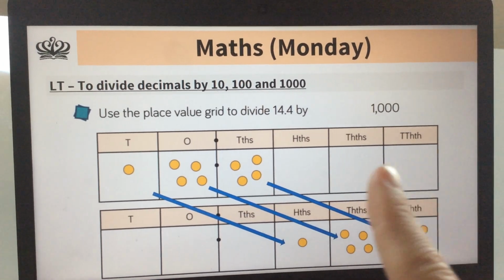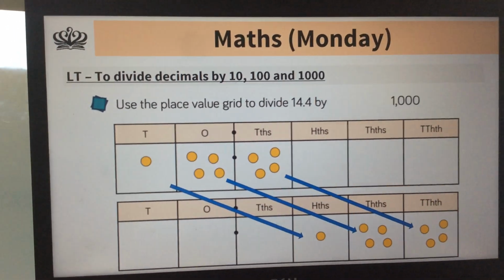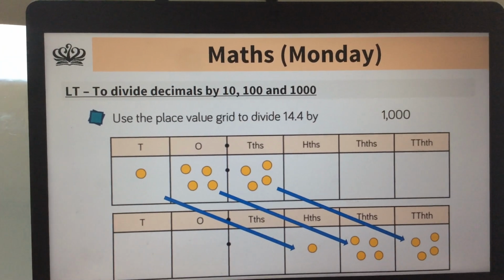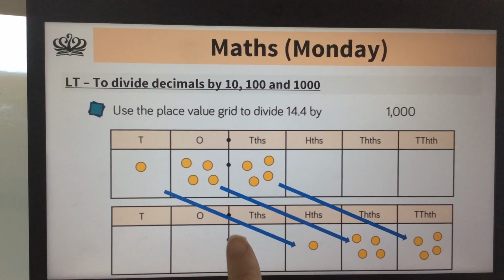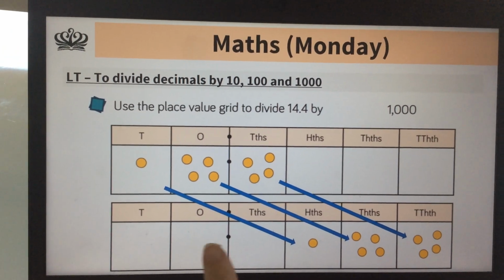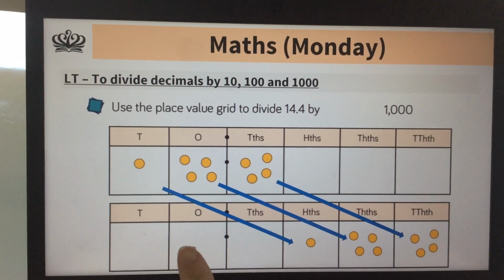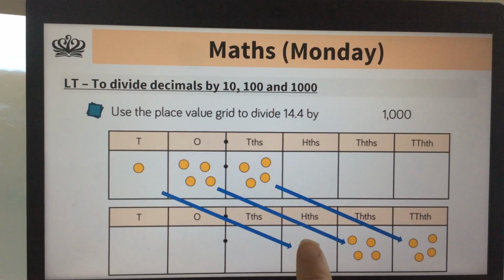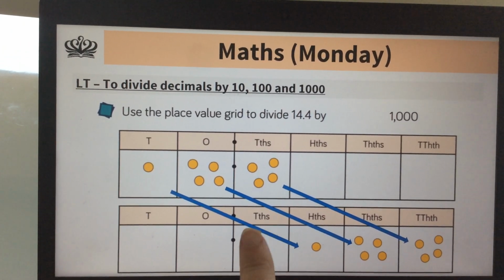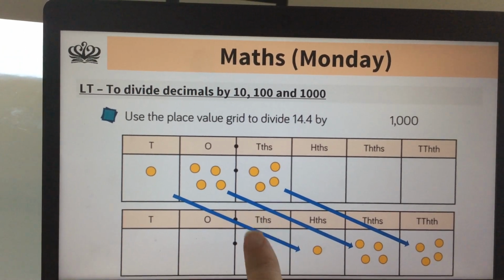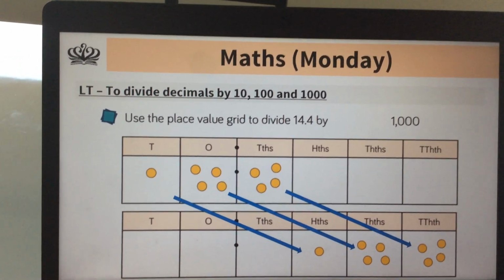So 1, 2, 3 moves into there. Now, obviously, this one's a little bit trickier because we've got our decimal point and we can't just have this as a blank space. So we would need to put a 0 here, so 0.0144.